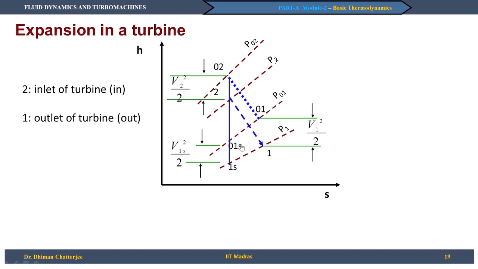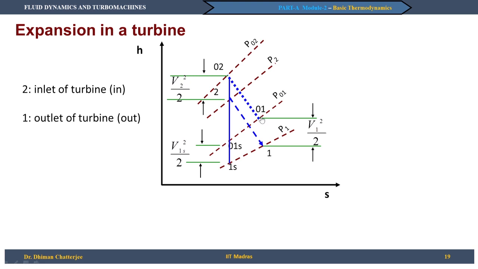So, you see one thing very clearly, that if I am talking about an idealized, isentropic condition, then the total enthalpy drop that I can talk about is h02 minus h01s. Whereas in real life, because of these irreversibilities, because of the losses, what we get is h02 minus h01.